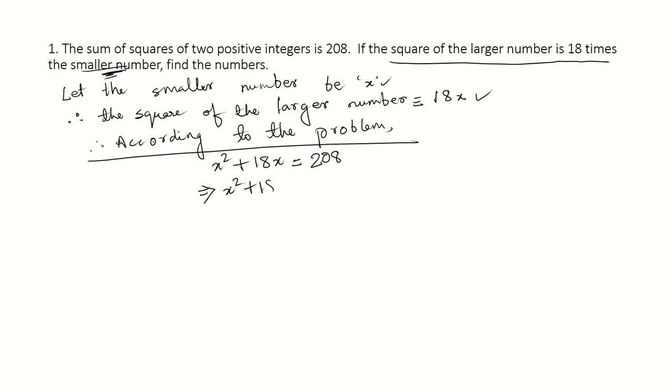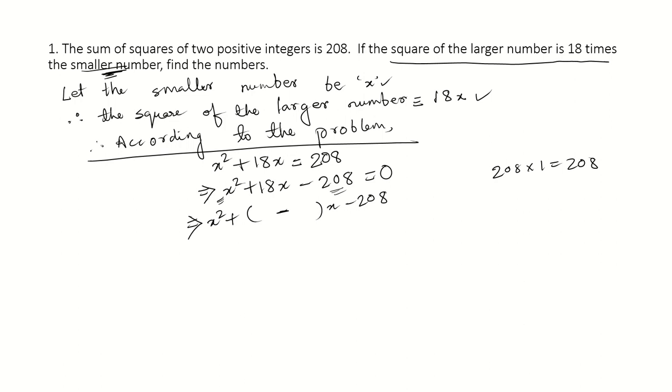So we can take 208 to this side: x squared plus 18x minus 208 equals 0. We have discussed how to factorize such an expression. The operator in front of the constant term is minus and the operator in front of x squared is plus, so plus times minus gives minus. We multiply 208 with the coefficient 1, so we get 208.